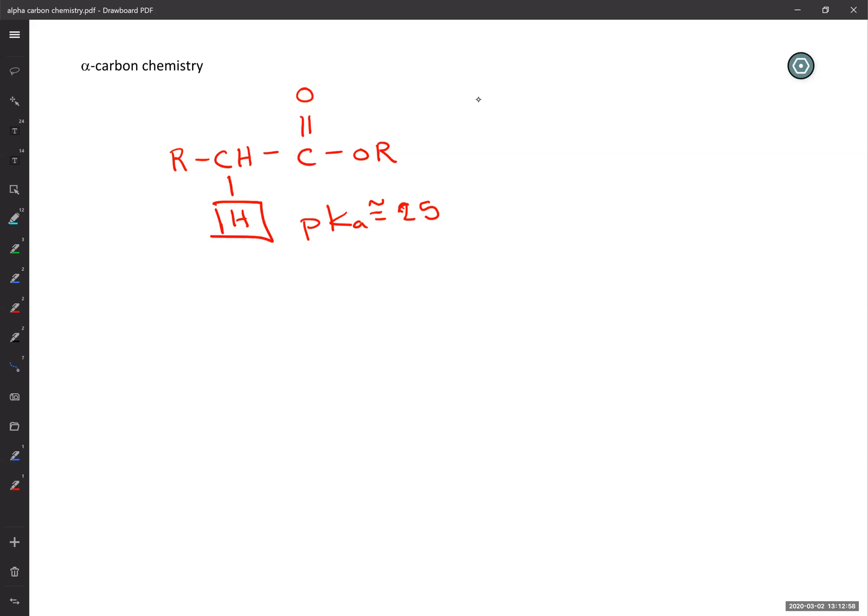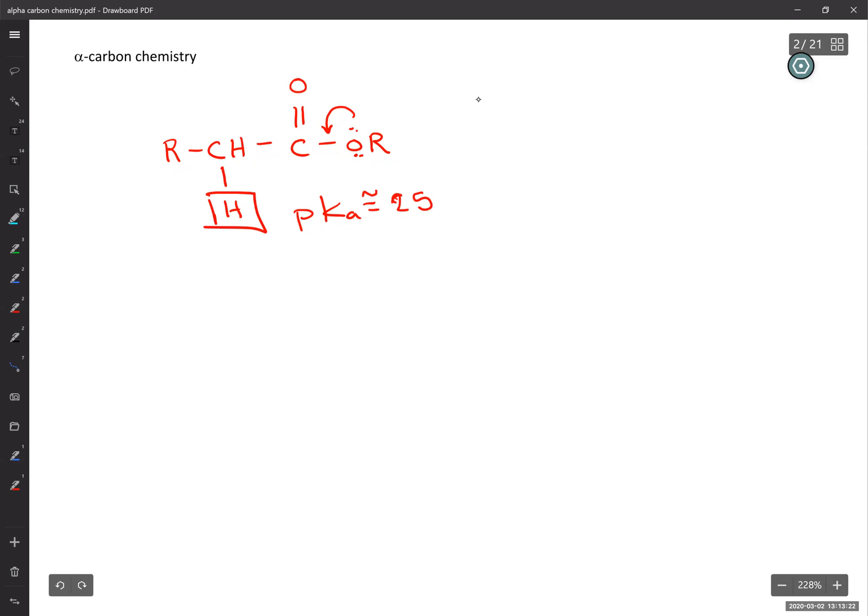So why is this so much weaker than aldehydes and ketones, like 10 orders of magnitude? What's that? Resonance. Yeah, because this oxygen can donate to this bond here, and you can get a double bond on the right.